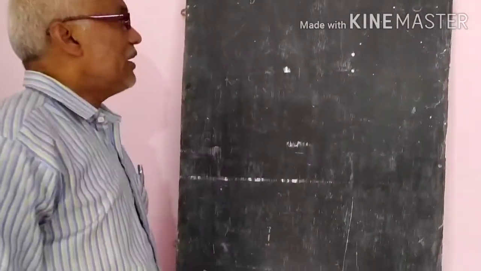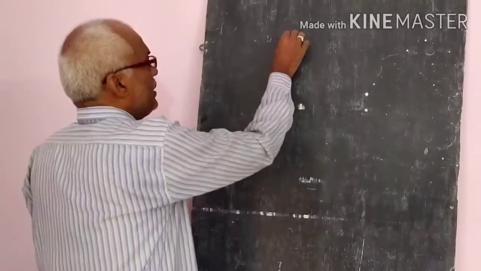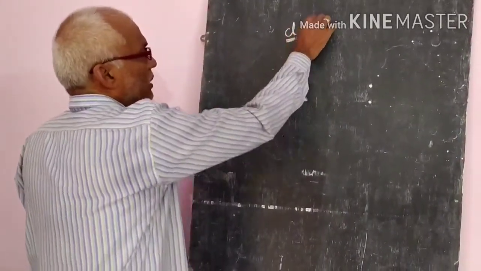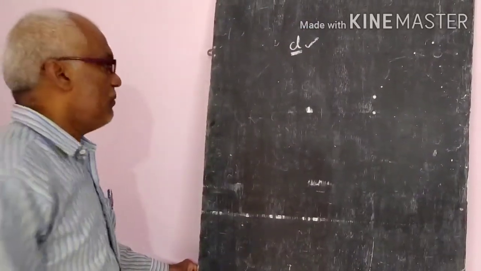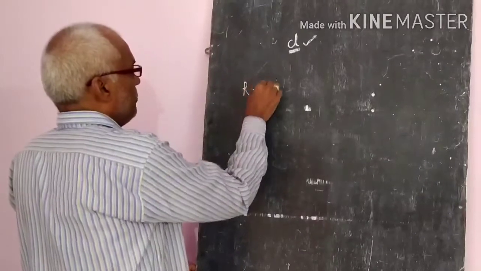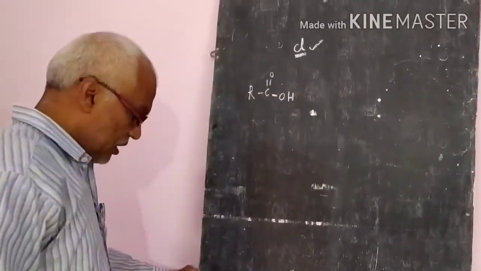Next, the third reaction: addition of chlorine, where acyl chlorides will be formed. Here RC double bond O, OH is there.